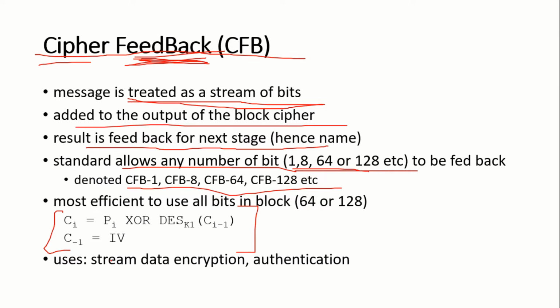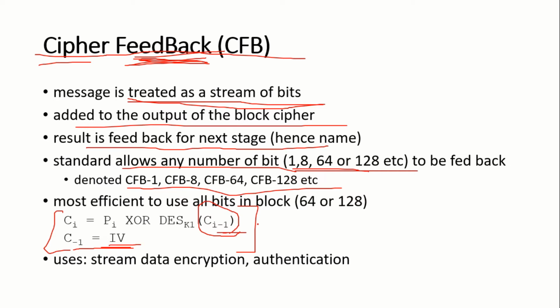Here as well you can see we are making use of the previous cipher. So this cipher is fed back into the next stage, and we are also using the initialization vector, because we need to deal with the first block of the plain text using this initialization vector.